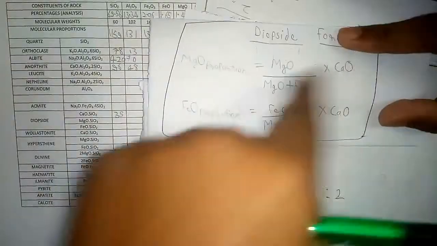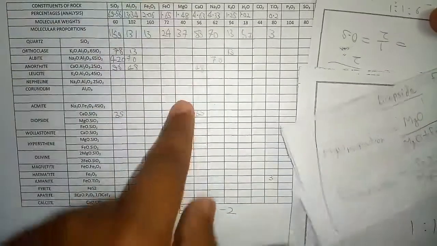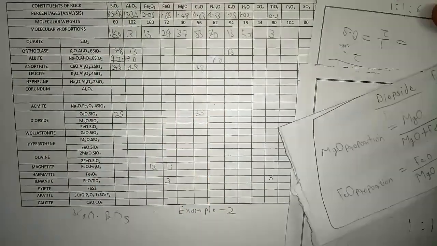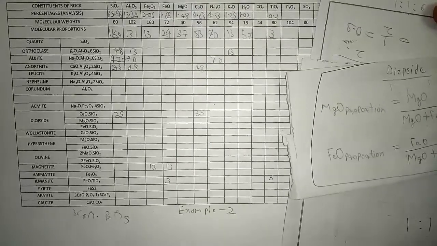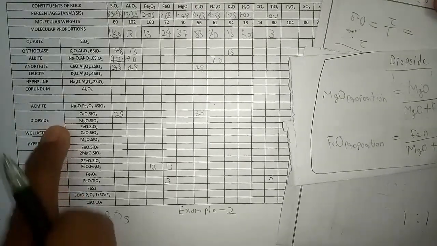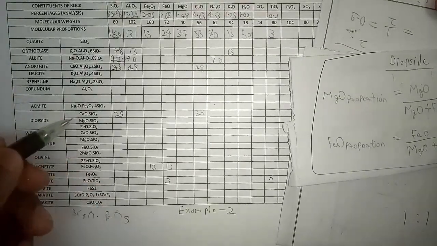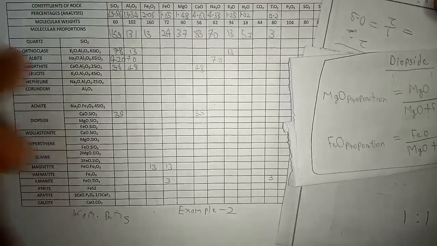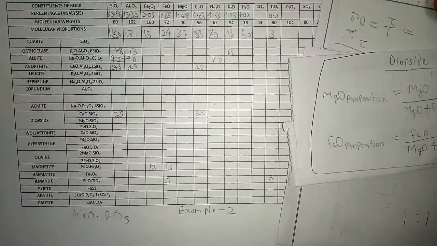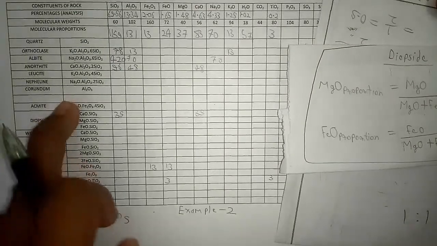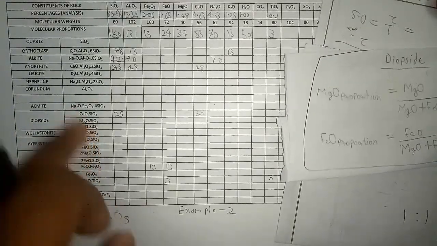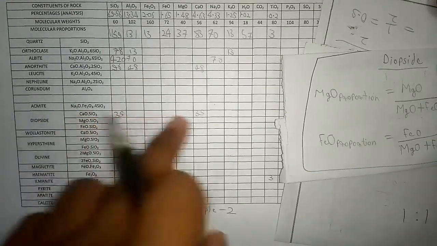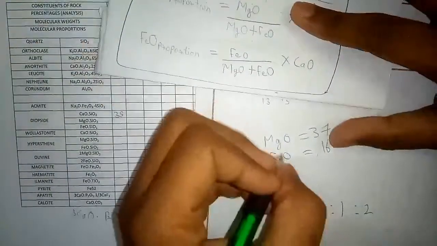And now the CaO. You will be saying now here we used 48, here 35, so CaO is 0. No, it's not like that. See, when diopside is made, when CaO, MgO and FeO are written here, then only diopside will be made. At present we have written only CaO, and MgO and FeO are not written. So this CaO is not used, right? So we will write this 35 in the CaO column.